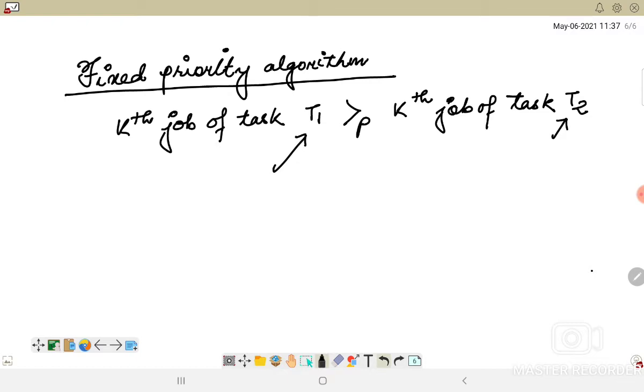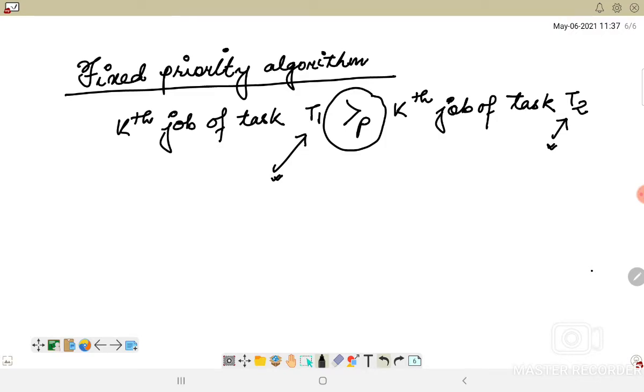So first of all, we have to determine the level of priority between the jobs, and if we understand that the job of task T2 has lower priority than T1, then at every instant of time, T2 will be executed later than T1. That means T1 has to be executed first.